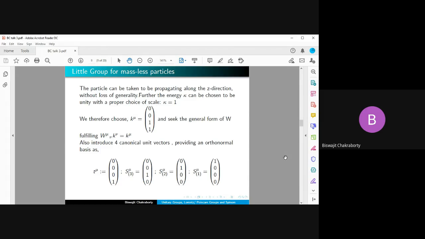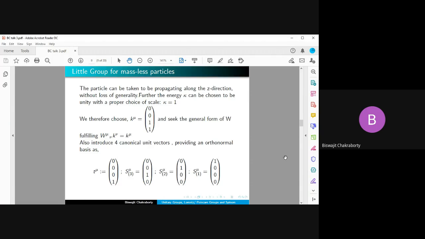To determine this structure, it will be convenient to introduce the four canonical unit vectors: T^mu, S^mu_3, S^mu_2, S^mu_1. This is the way I have written them. You see the structure: everywhere it is 0 except one slot. The last slot gives you T^mu, the second from the bottom gives you S^mu_3, the third from the bottom gives you S^mu_2, and the top one will give you S^mu_1.